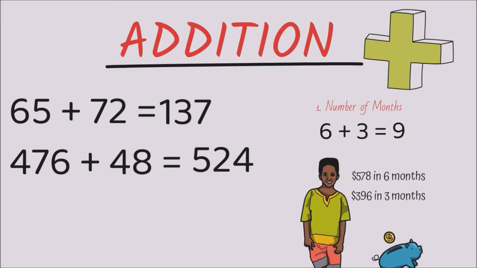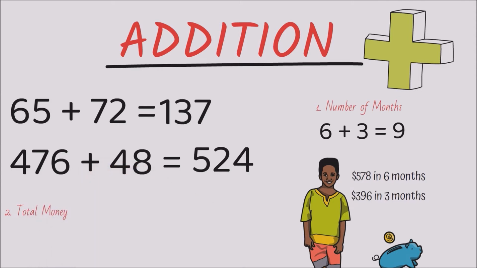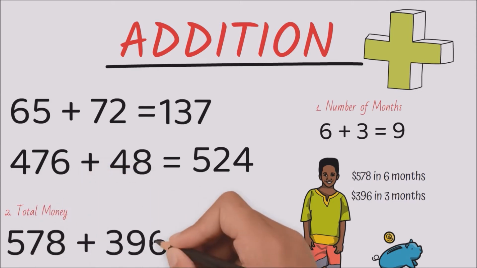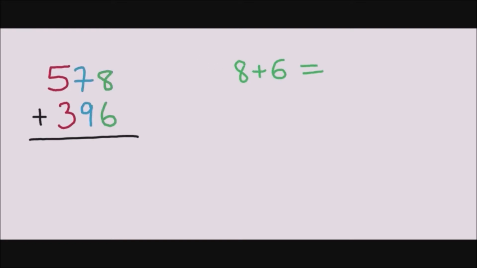Now, the next question is how much money does Rory have at the end of saving? These are much bigger numbers, so let's use the place value method. So we have 578 plus 396, and we're going to line up our digits by their place values. Then we start adding at our ones digit. So 8 plus 6, that's 14. So we write 4 and carry 1 over to the tens column. 7 plus 9 plus 1 is 17.